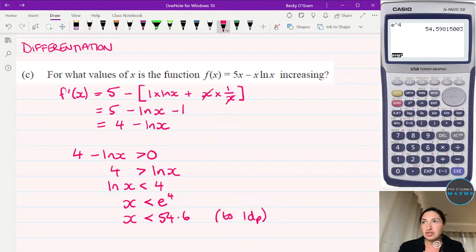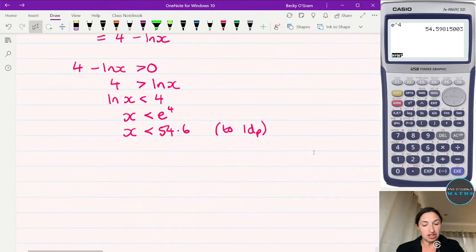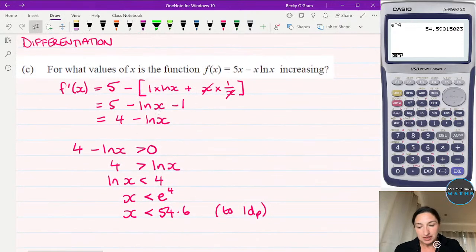Now there is just one small hang up here, and that is that whatever we put in for x has to fit being able to be differentiated. It has to fit this bit here, and the natural log of x, whilst we're saying it's less than 4, we also know that the natural log of x is always positive itself.